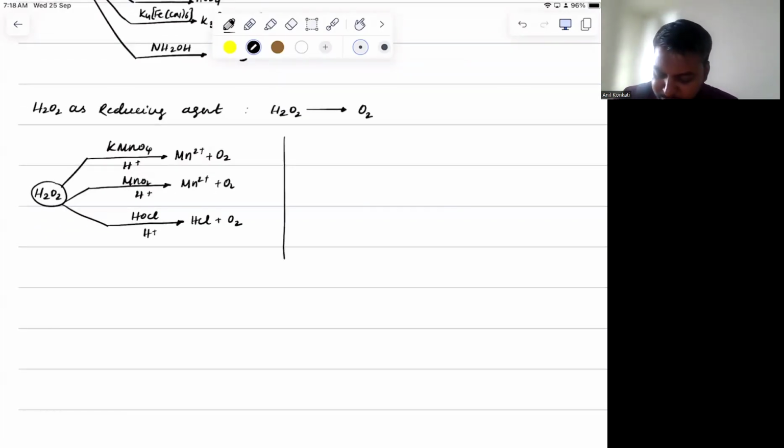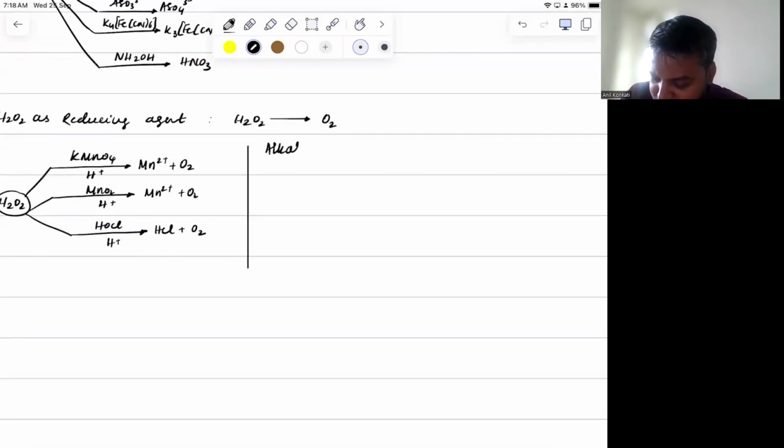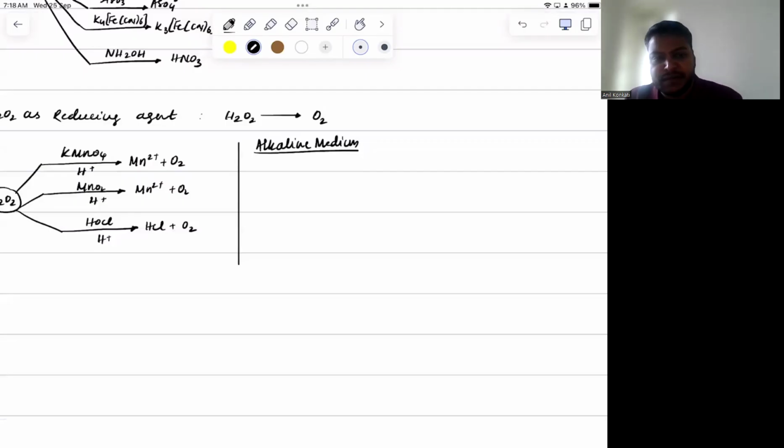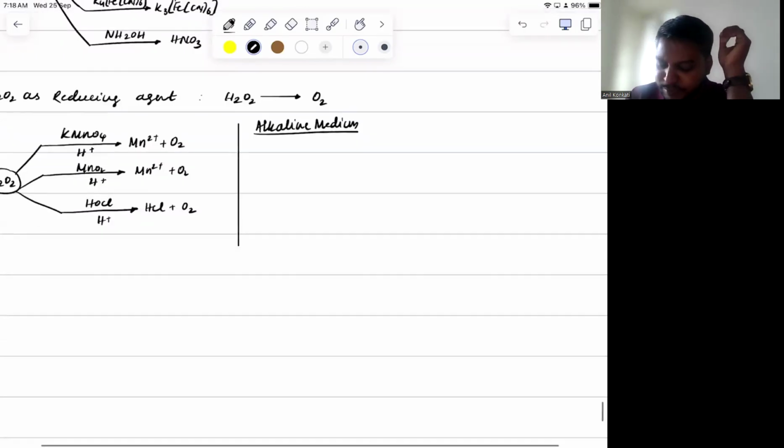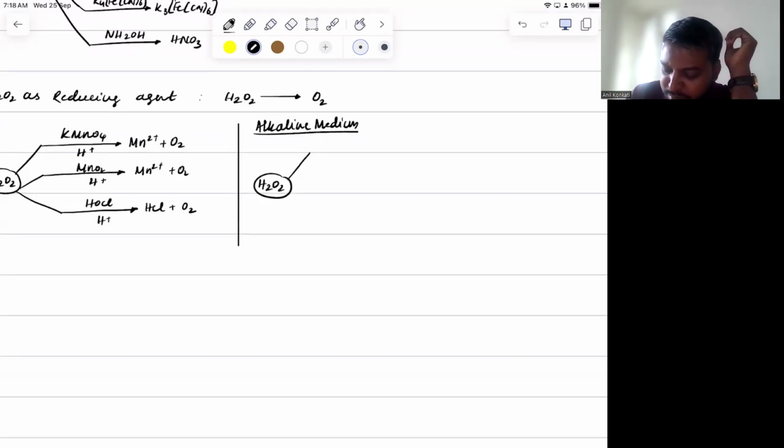Same way, in basic medium, that is in alkaline medium, in which cases what will happen? Let's see. Suppose if you take H2O2 in basic medium, then if you treat with Cl2 in the presence of OH minus, Cl2 will get reduced to become 2Cl minus. Okay. If you have KIO4, it will become KIO3.